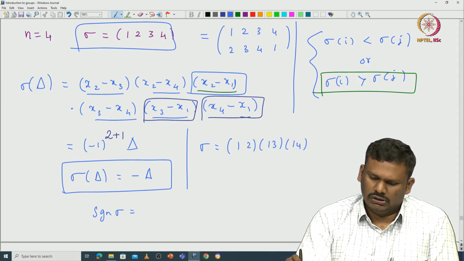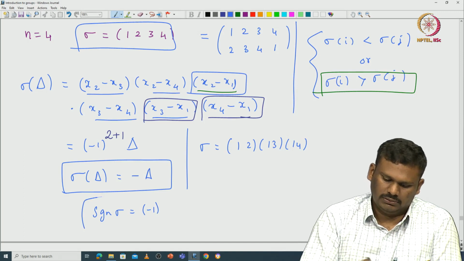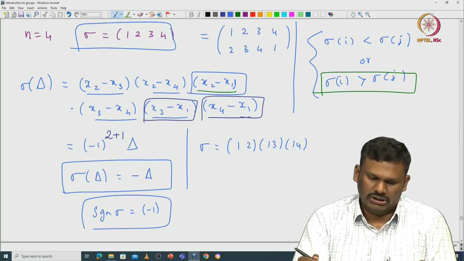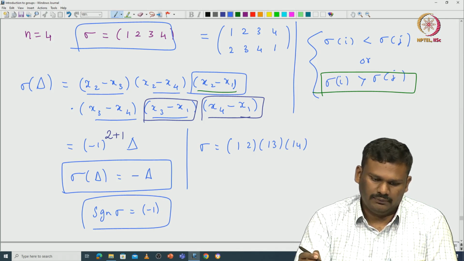Now it means the sign of sigma will be minus 1. Okay, let us check whether this is correct. So 4 goes to 1, 1 goes to 3, 3 goes to 3.